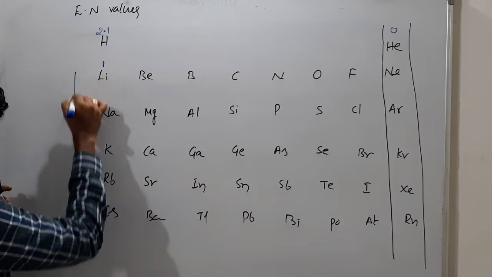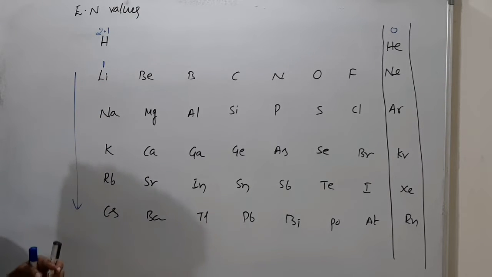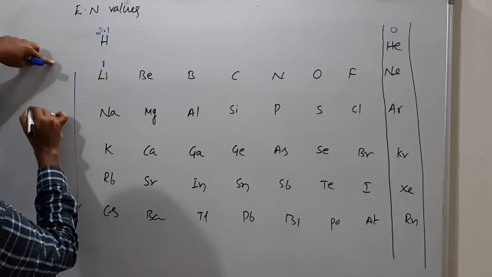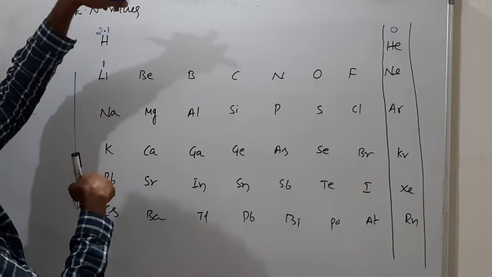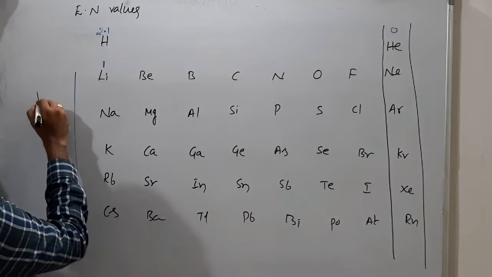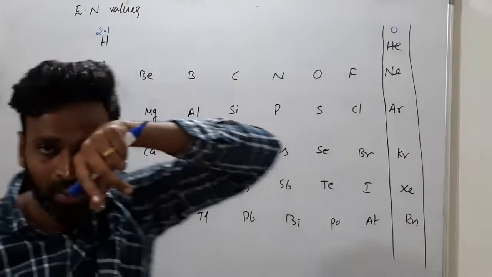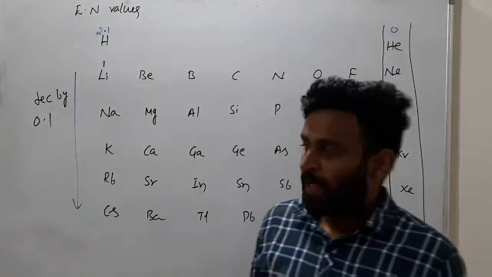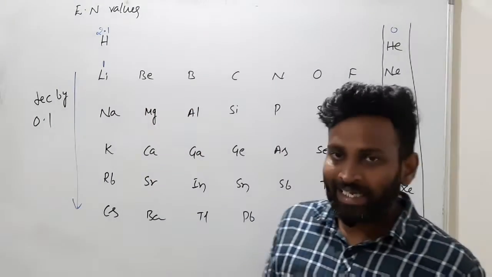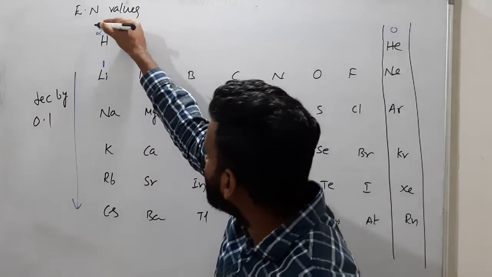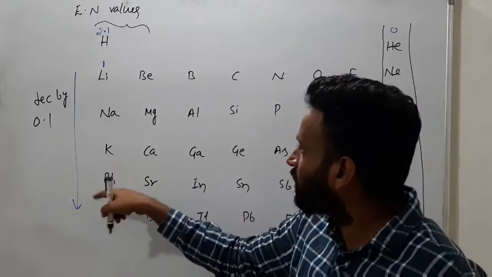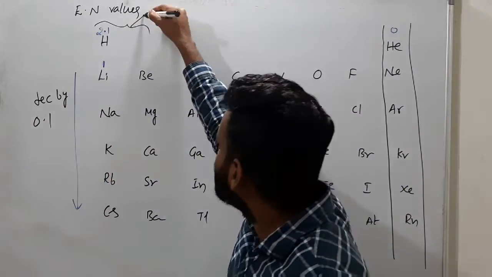And top to bottom, I said electronegativity decreases, no? So decrease by 0.1. Just do that. These two groups are the s block.